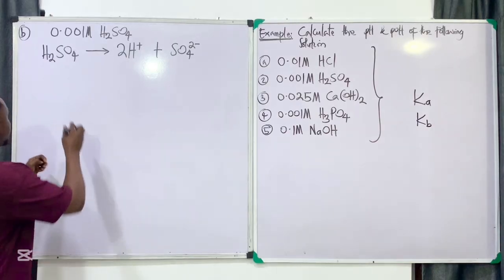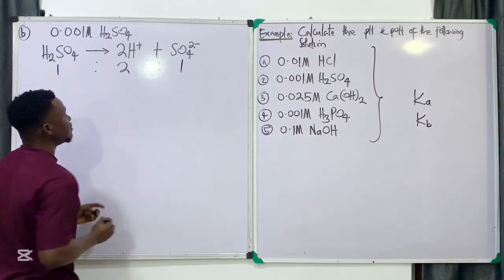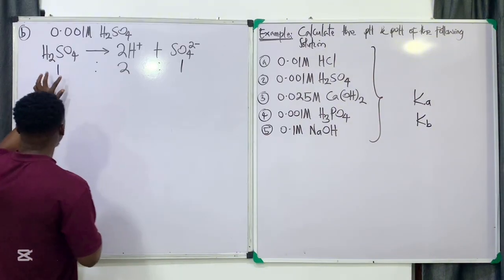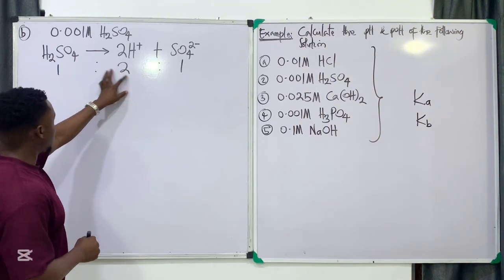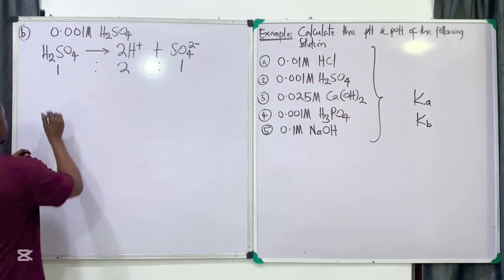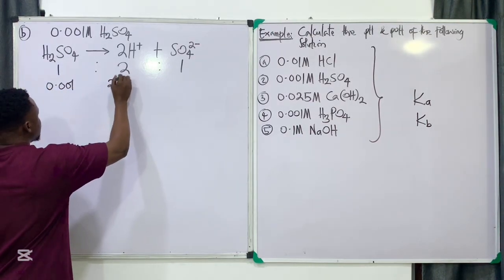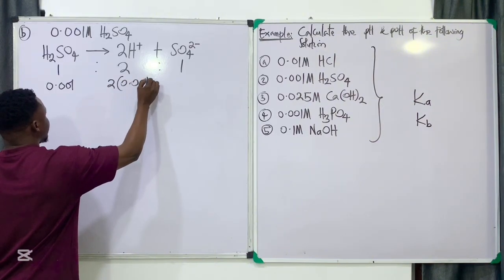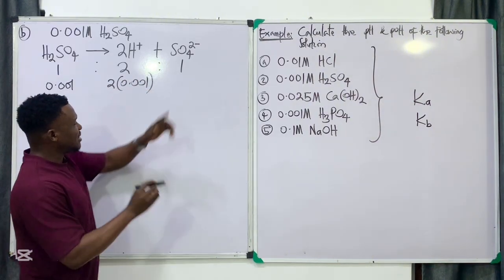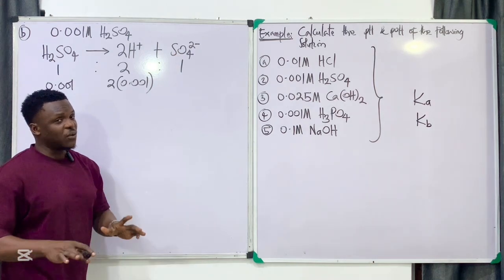Okay? Now the ratio here is going to be 1:2:1. Which means if here is 1, here will be 2. So if here is 0.001, here will be 0.002. So we'll say this is 0.001, and this guy will be 2 times 0.001. I am not interested in SO4 2 minus because I will not use it to carry out any calculation.